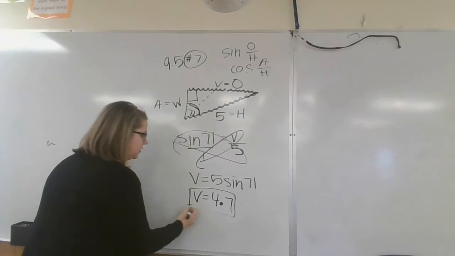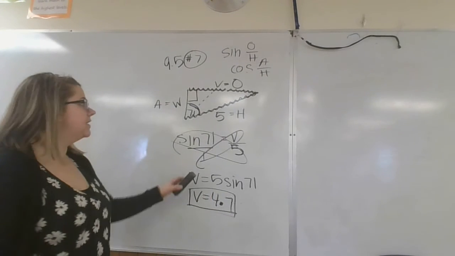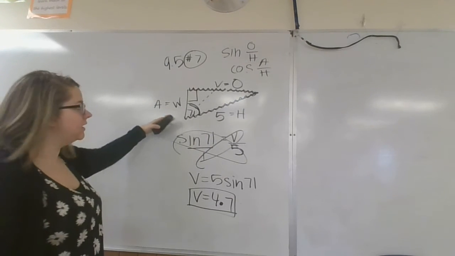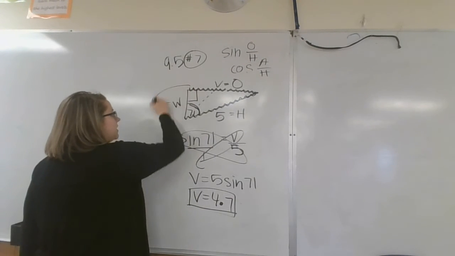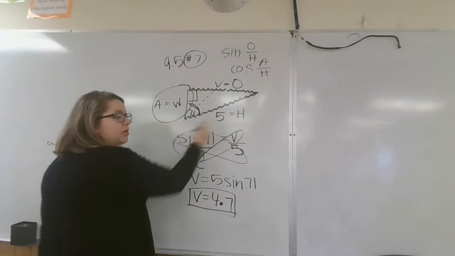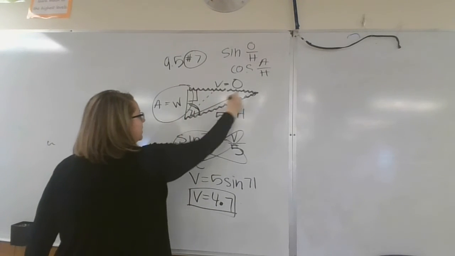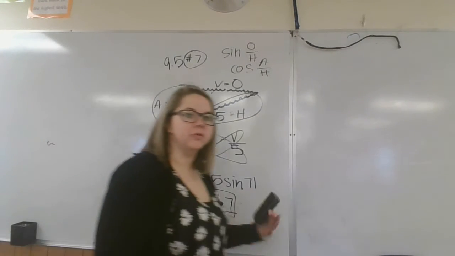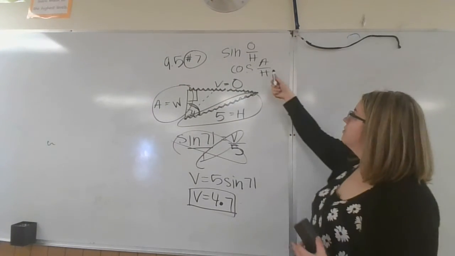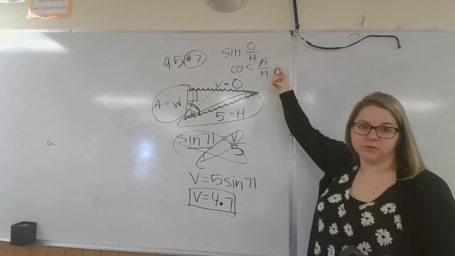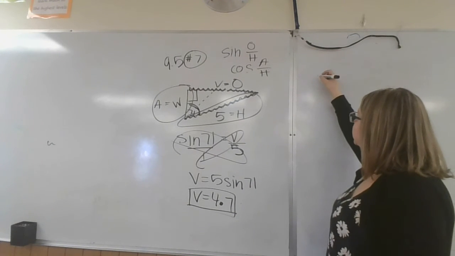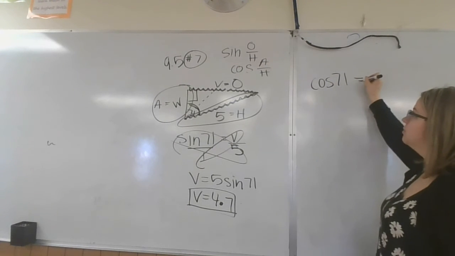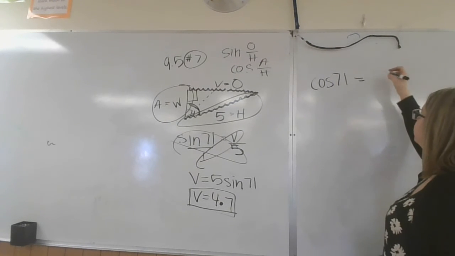Okay, so now I'm going to do the same thing, but now we want to include W instead of V. So if I include this side here, I want to include my side with a number, which is this one here. I have adjacent and hypotenuse. I want to put those over each other. The only one with adjacent and hypotenuse is cosine. So we're going to do cosine of my angle, which is 71, equals adjacent over hypotenuse.